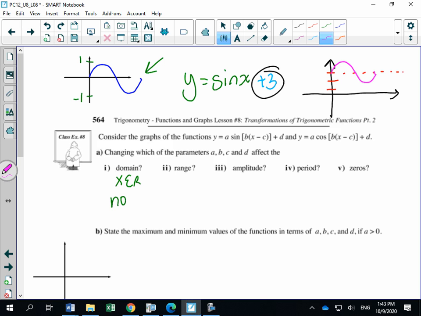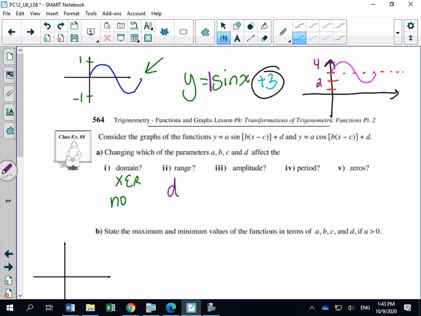I'm not changing my amplitude, so it's still 1. My maximum's going up to 4, and my minimum would be at 2. So if the midline is at 3 and my amplitude doesn't change, what I hope you're seeing is that the range will change if I change the midline.